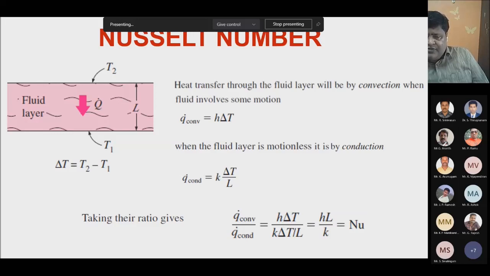From the hot plate, the stationary layer has to get heated up, so the stationary layer has to conduct that heat. As it is conducting, the fluid will remove the heat. If the conduction in the stationary layer is very poor, then definitely the convection will also be very poor. To be very simple, the Nusselt number tells the ratio between convection and conduction.